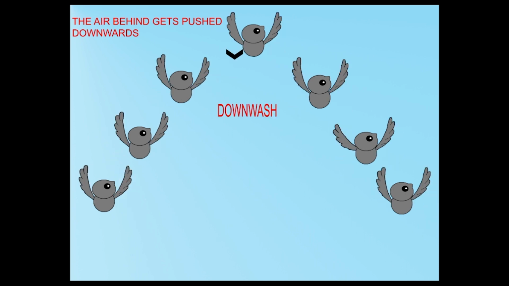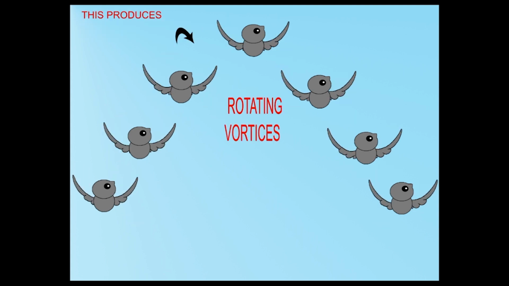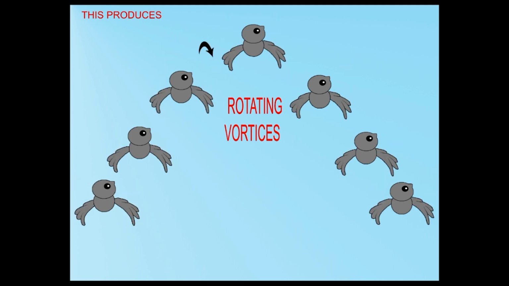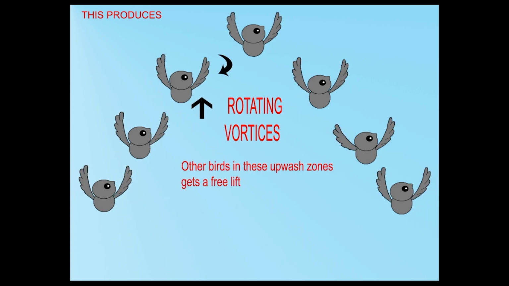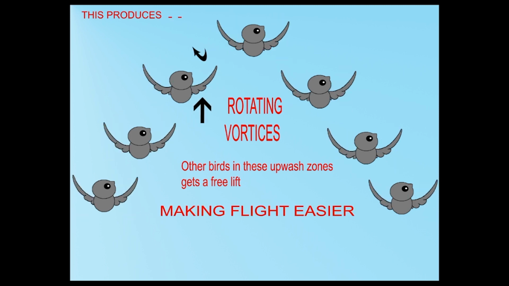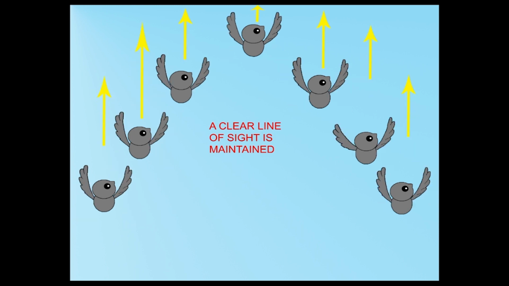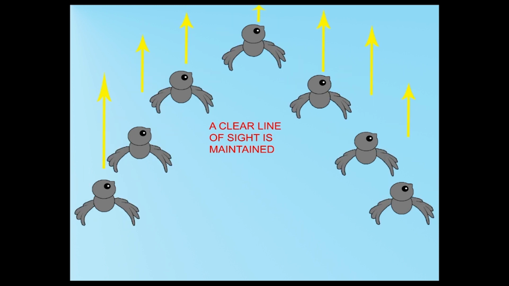When a bird flies, the air behind gets pushed downwards, creating a downwash, and the air towards the side gets pushed upward, creating an upwash. This produces rotating vortices. And so, the other birds in these upwash zones get a free lift. Therefore, it makes flight easier and a clear line of sight is maintained.